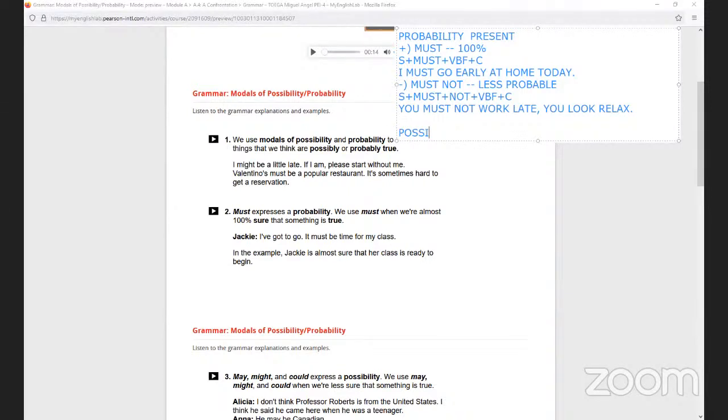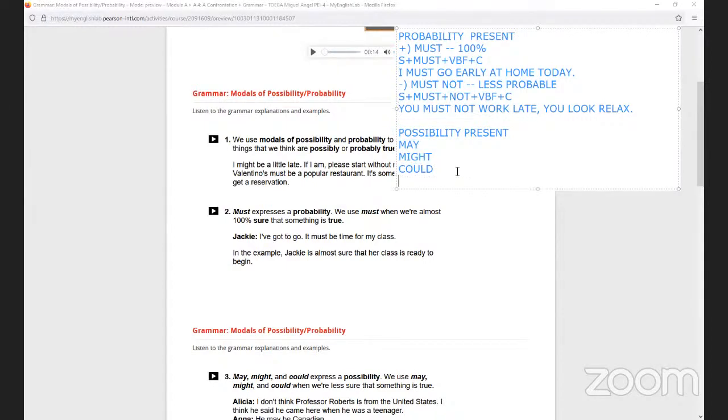When we talk about possibility in present, we are going to use three modals of possibility. These are may, might, and could. So when I talk about possibility, I can use these three.